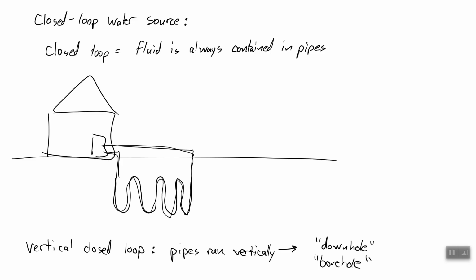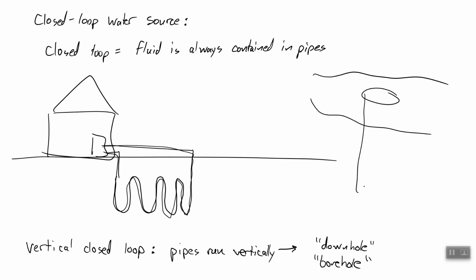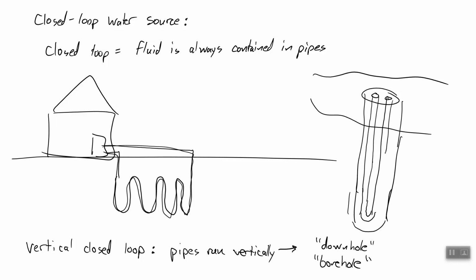And what that generally looks like is we have the ground and we drill a hole called a borehole, which goes down generally quite far, 150 to 300 feet. And in that borehole, we put a pipe that goes almost to the bottom. And then at the bottom there is a U fixture, and that pipe then comes back up.